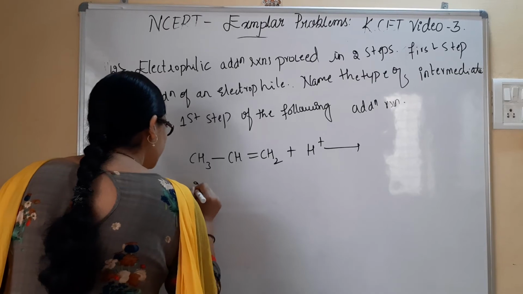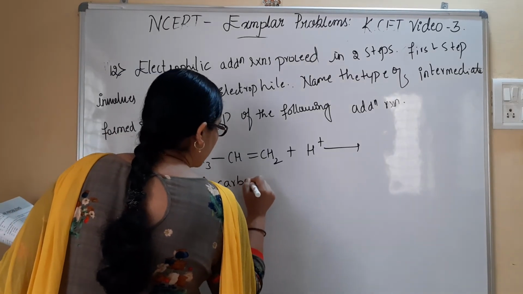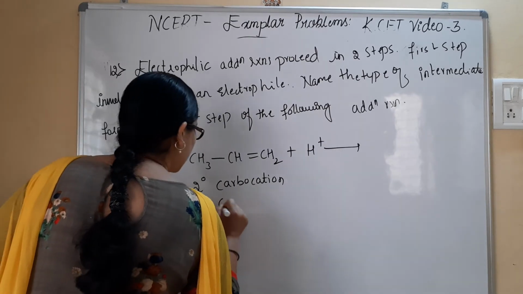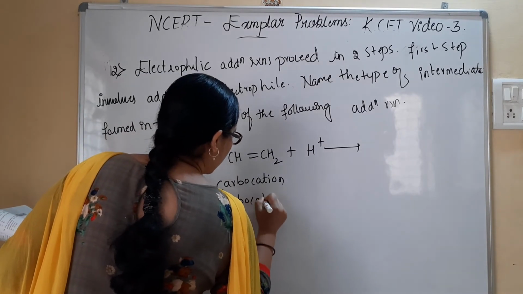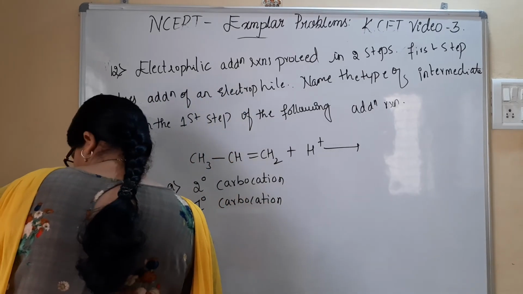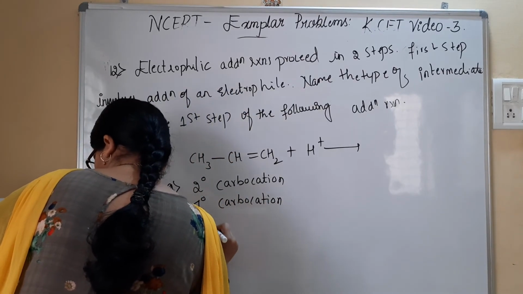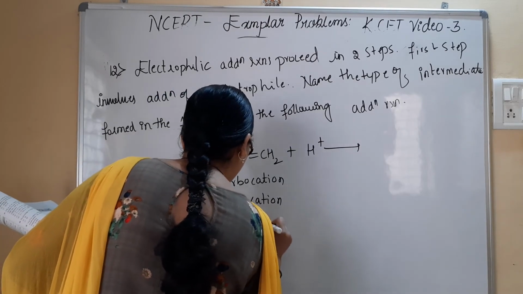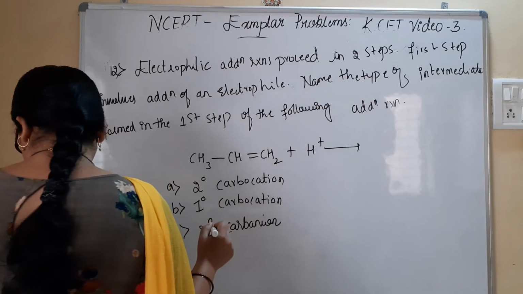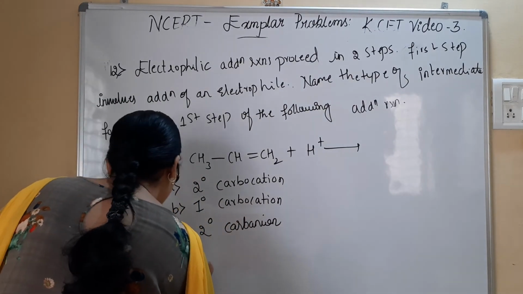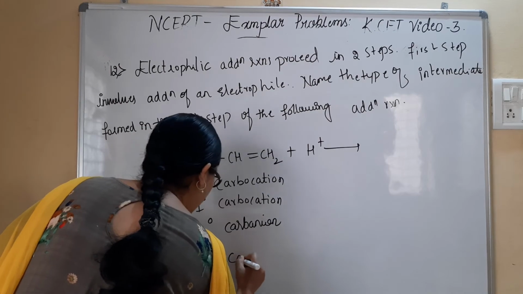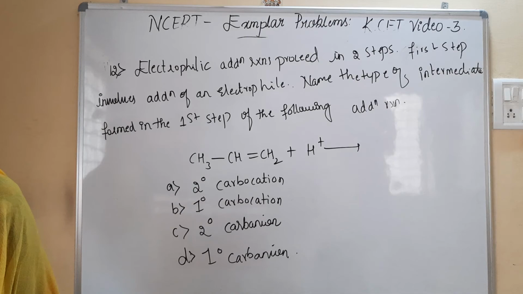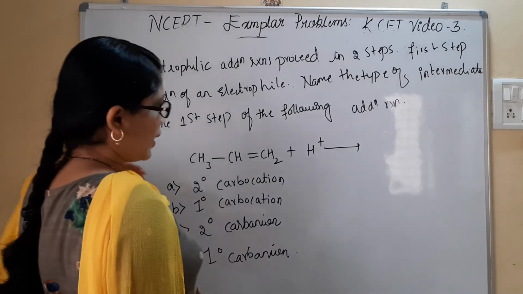Products are being given: A, secondary carbocation, then B, primary carbocation, then C, secondary carbanion, then I have D, primary carbanion. So these are the options I have here. This is my last question from the exemplar part.